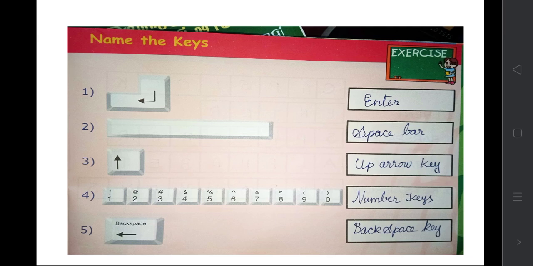First one is the enter key, then the space bar, then the up arrow key, then the number key, then the backspace key. So these are all you should write. Copy it down in your classwork. These may come for your exam also, so go through this video again and again.